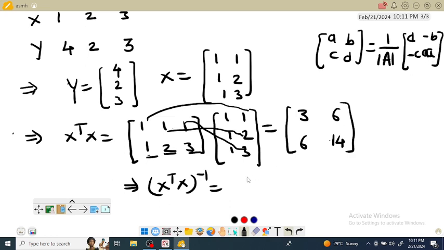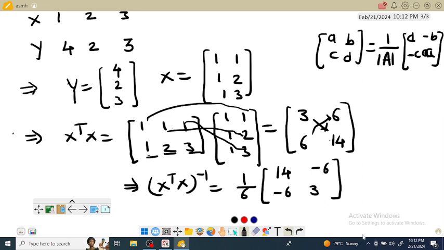So (X^T X) inverse is equal to: if you find the determinant here, the determinant is 42 minus 36, so it is equal to 6, so 1 by 6. Now interchange the diagonal values, so it is 14 and 3, multiplied by the opposite sign, so here minus 6, minus 6.